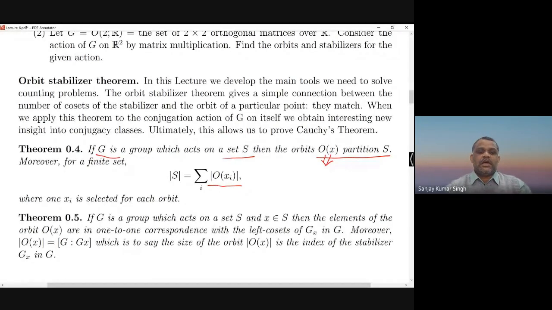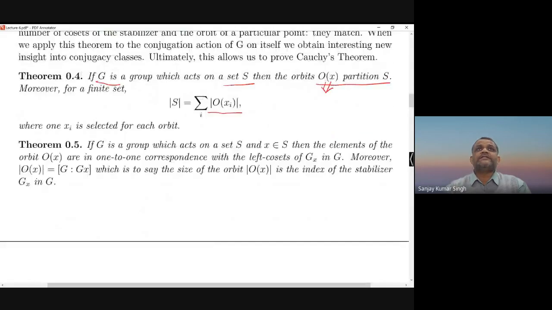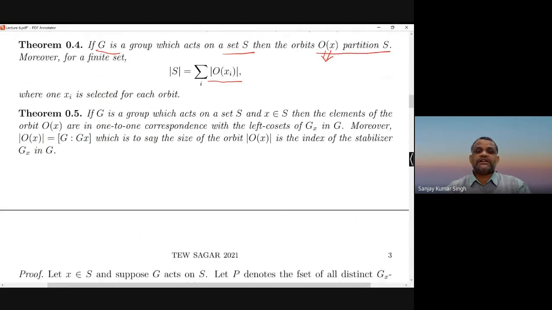And now we have a very nice theorem, because there is a relation between the stabilizer and the orbit of a point. And what is this relation?